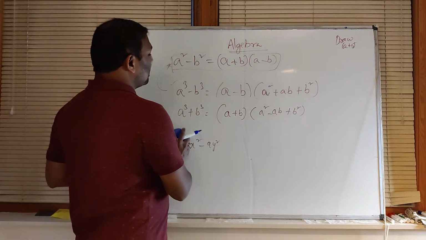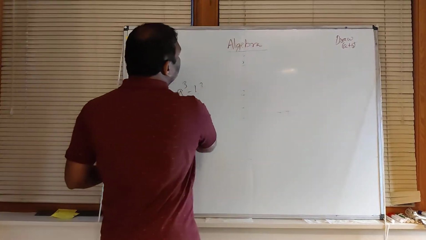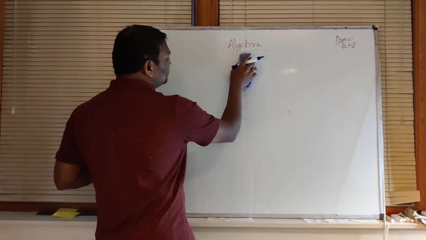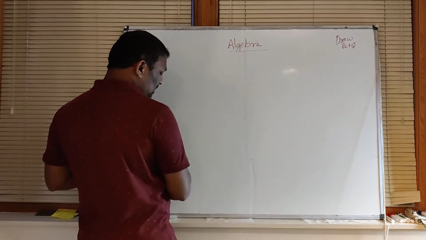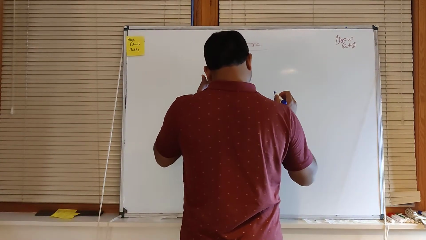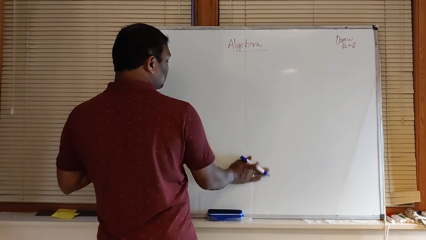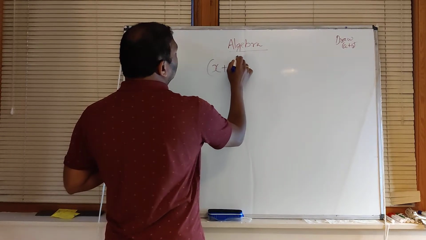Okay, so we draw (a plus b) whole square. For example, (x plus 3) whole square.